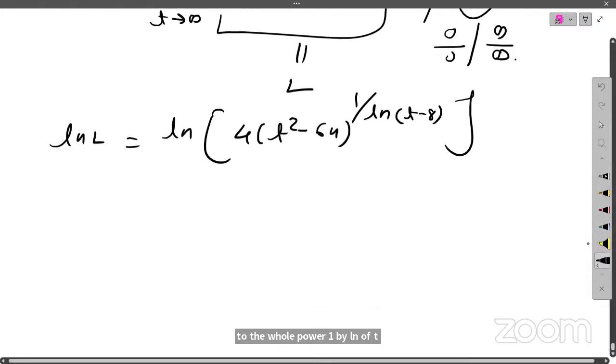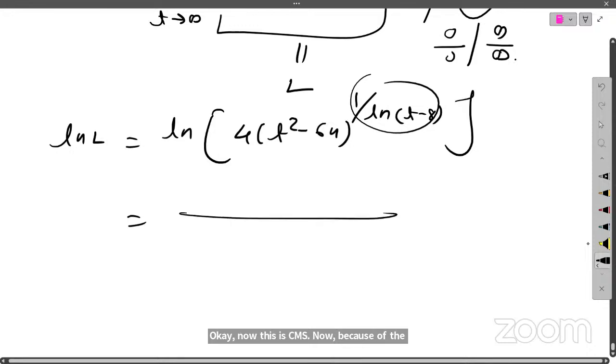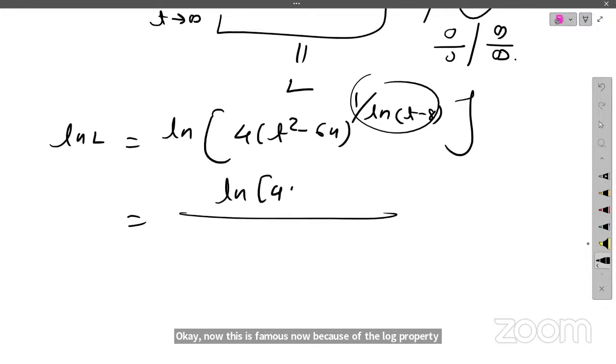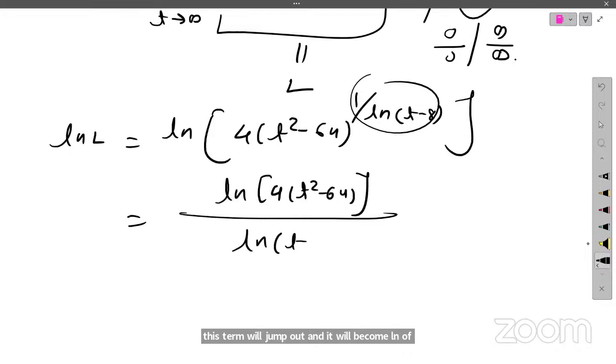Now because of the log property, this term will jump out and it will become ln of 4 times t square minus 64 upon ln of t minus 8.